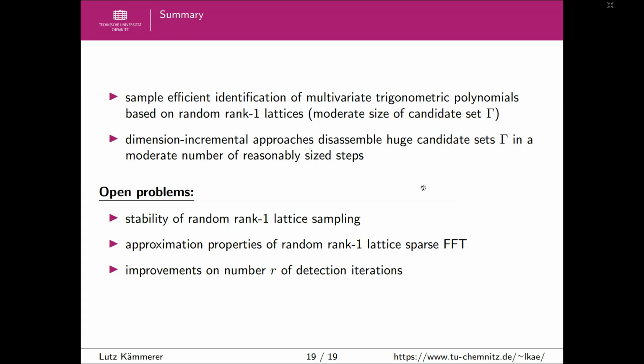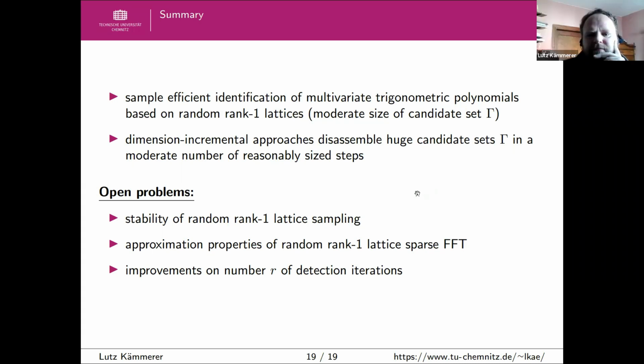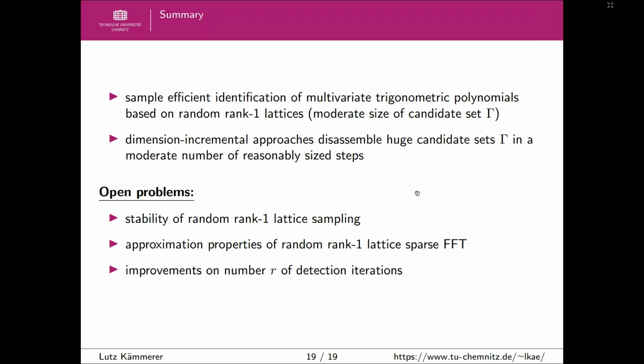So Lutz, there is this paper by Stefan Kunis and Holger Rauhut, right? There are two parts, and I'm not sure in which part they deal with the multivariate case, but they also recover trigonometric polynomials with sparse frequency set with compressed sensing, like in the classical sense. And if I understood that correctly, they get sampling bounds of typical compressed sensing fashion, like sparsity times logarithm of the set gamma, which is gamma in your notation.